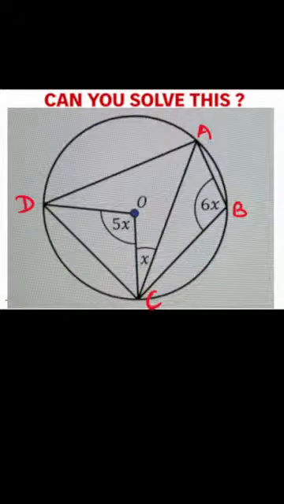Meaning ADO is equal to 3 by 2x. That's right, but a bit lengthier one. X is 15. Tushar, you need to give the explanation for that.